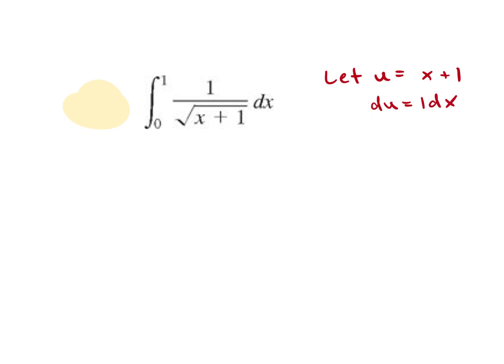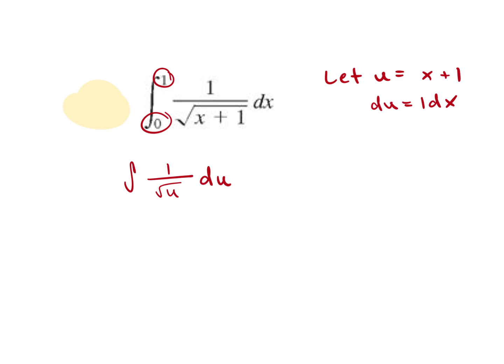Perfect. So I've got the integral. I'm not going to put numbers on it because now I'm putting in the u. So these are x values. If I want to change them to u values, I could in this step. But we have our integral of 1 over the square root of u du. Just substitute our u and du in.